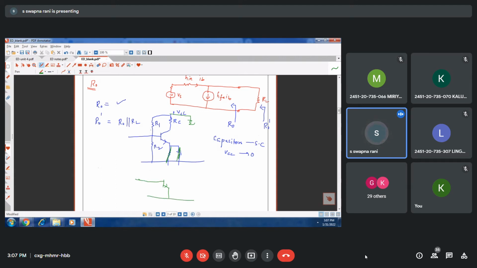And coming to R1's position, earlier it was connected between base and VCC, but now VCC is grounded. Therefore R1 is also connected between base and ground.